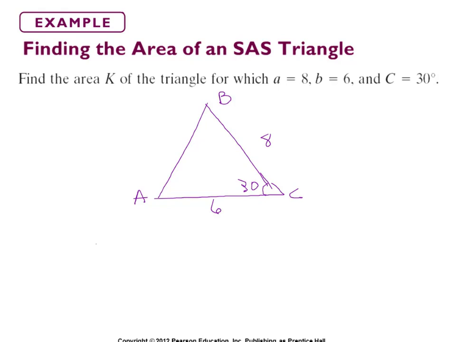So its area is equal to 1/2 base times height. So let's call this the height. So trigonometrically, what's H equal to? Or what formula can we use with an H in it? Trigonometry-wise.